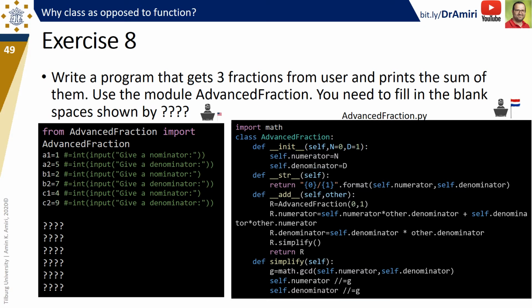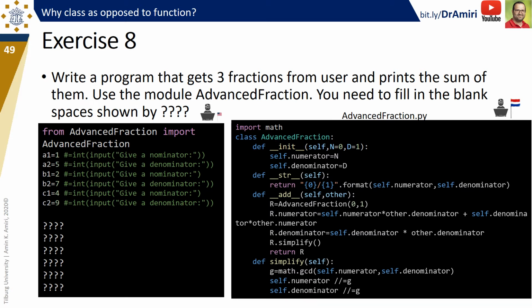It has __str__, which returns the string version of that fraction. It has the special method __add__, which returns the summation of two fractions. It also has a method called simplify that simplifies the fraction. We learned about this in the previous video.